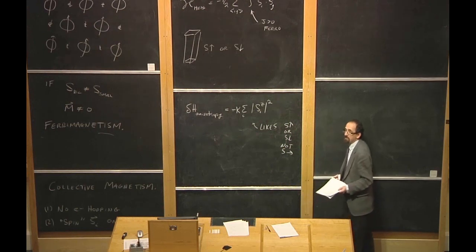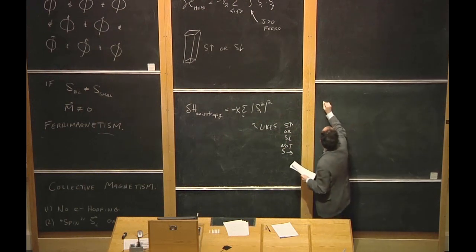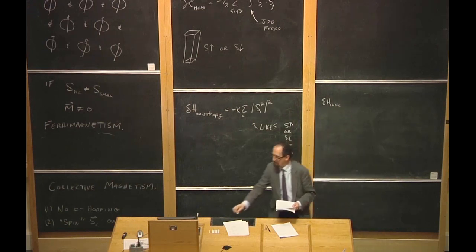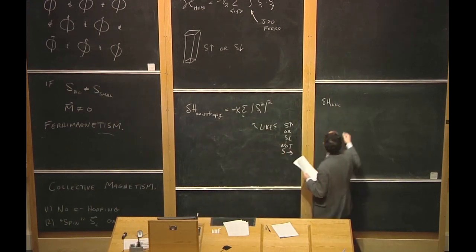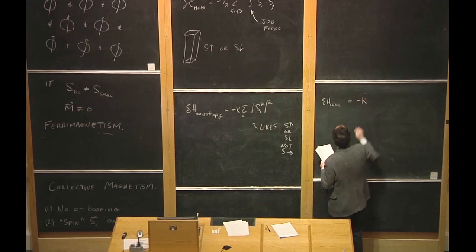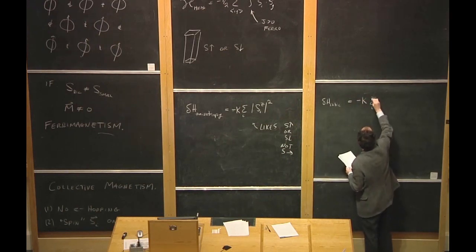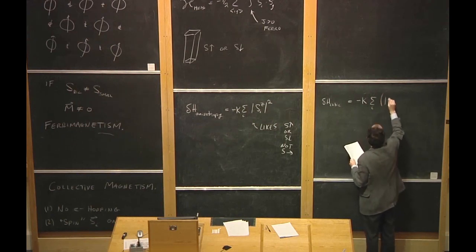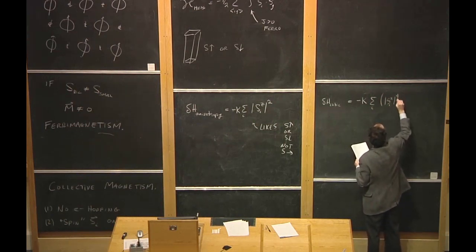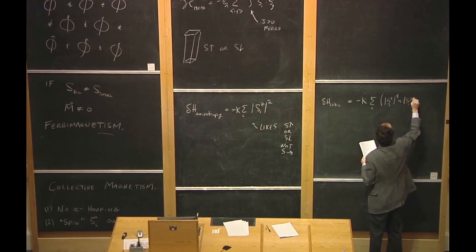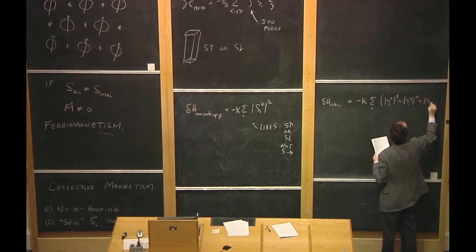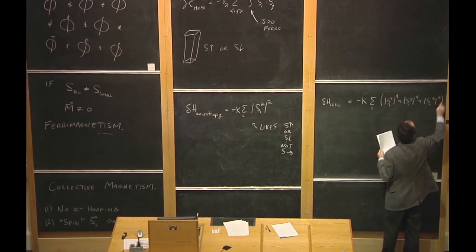Now, for a cubic crystal, you might expect something, H cubic, which is a little more complicated, that would allow the spin to point along any of the crystalline axes, but not in between the crystalline axes. An appropriate Hamiltonian for that might be something like this: Six to the fourth plus Siy to the fourth plus Siz to the fourth.